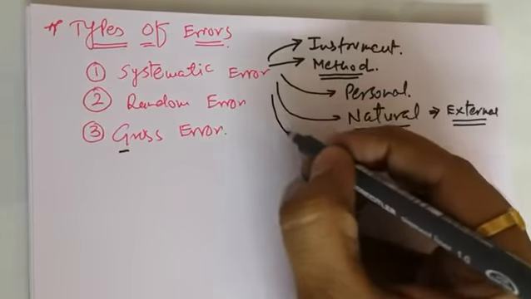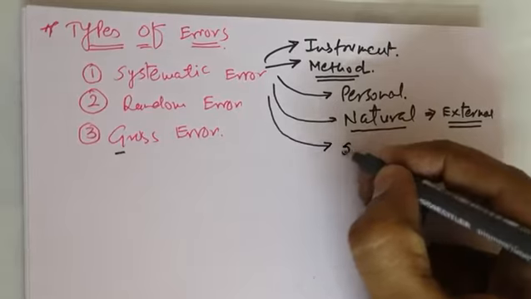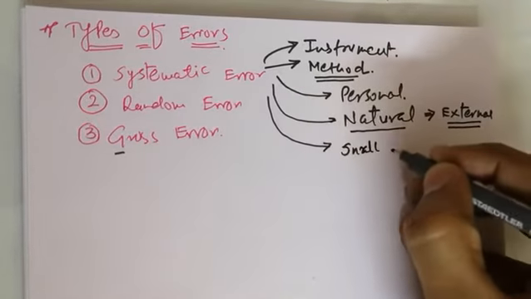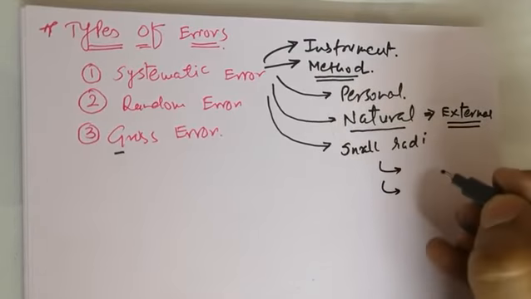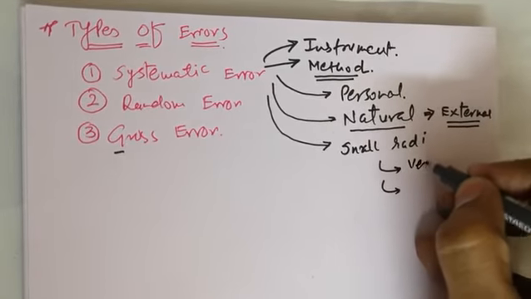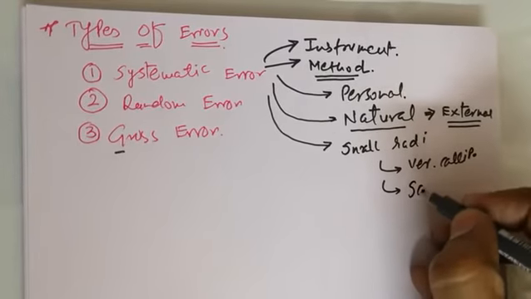And last but not least, whenever you measure small radii, you take two instruments: one is called vernier calipers, and the next one is the screw gauge.